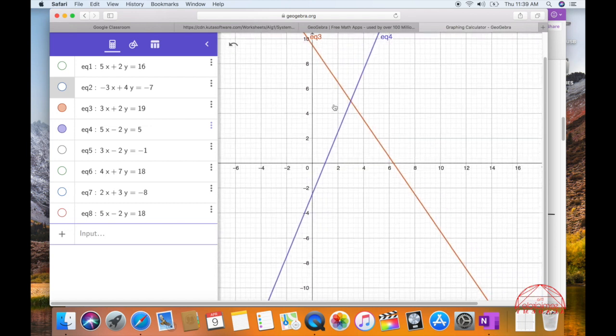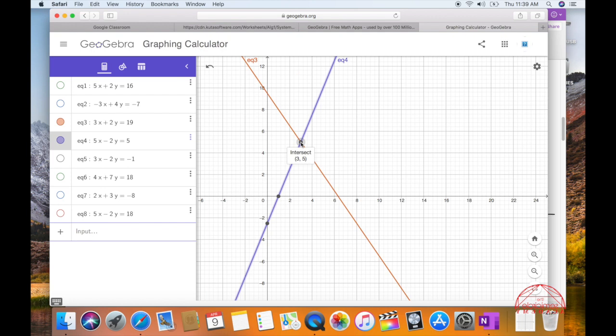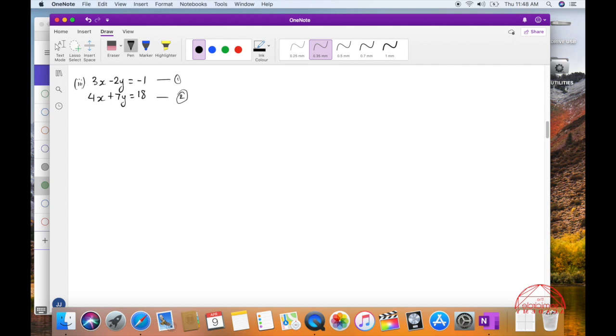And let's see where it intersects. And we can see the point of intersection here is indeed x is 3 and y is 5. So remember, simultaneous equations is all about finding that point where these two graphs intersect.